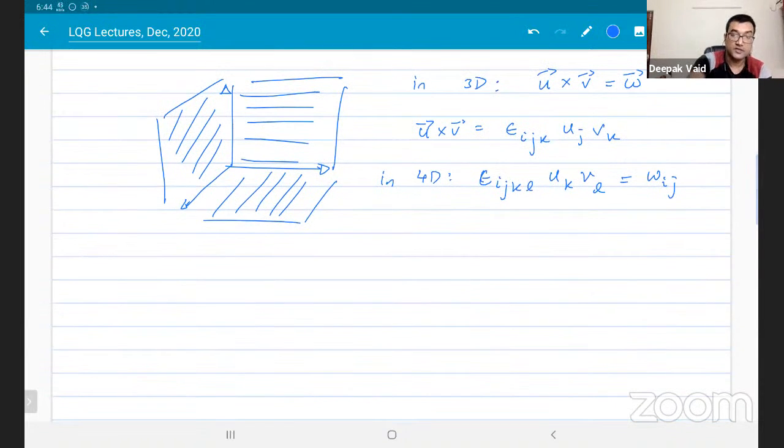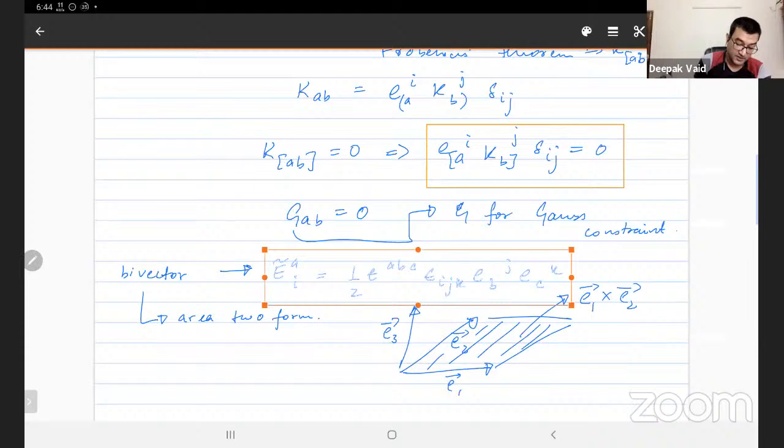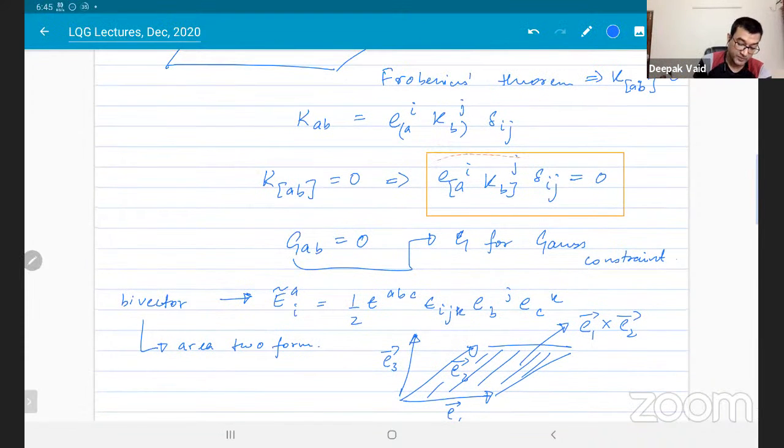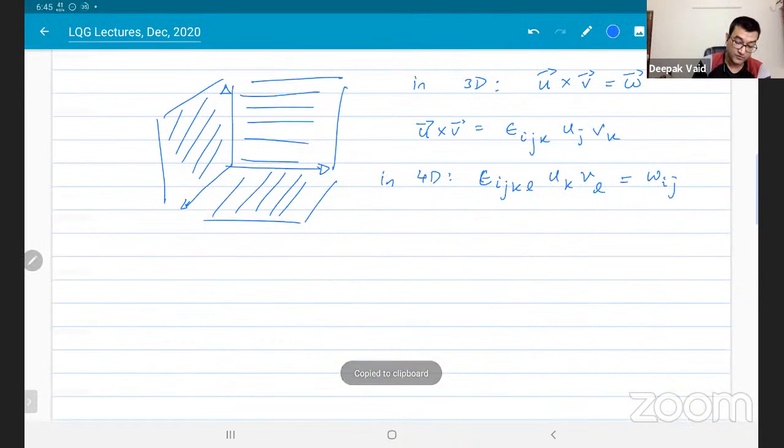So that is what we will use. Okay. So using this quantity that we have defined, this epsilon, we can express this constraint as follows.